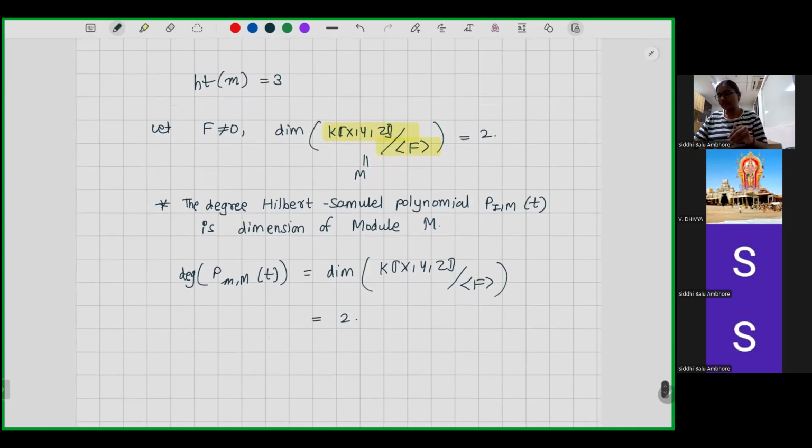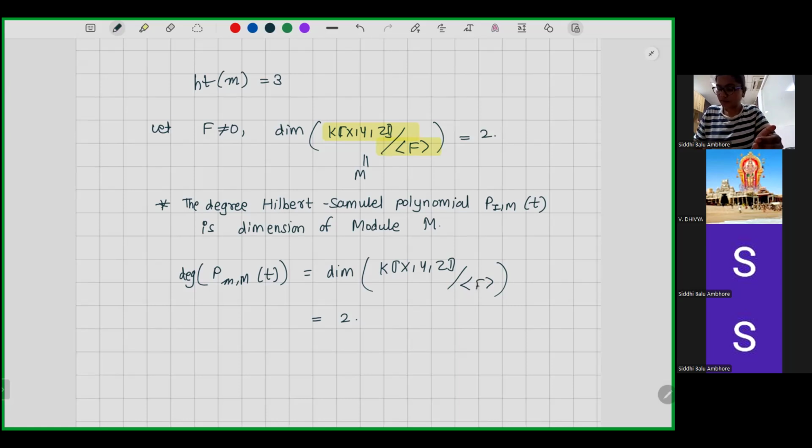So in that case, this doesn't hold, because the dimension of k[x, y, z] quotiented by that will be just 0, it will be the zero ring, and the degree of P_M(t) will also be 0 using this.